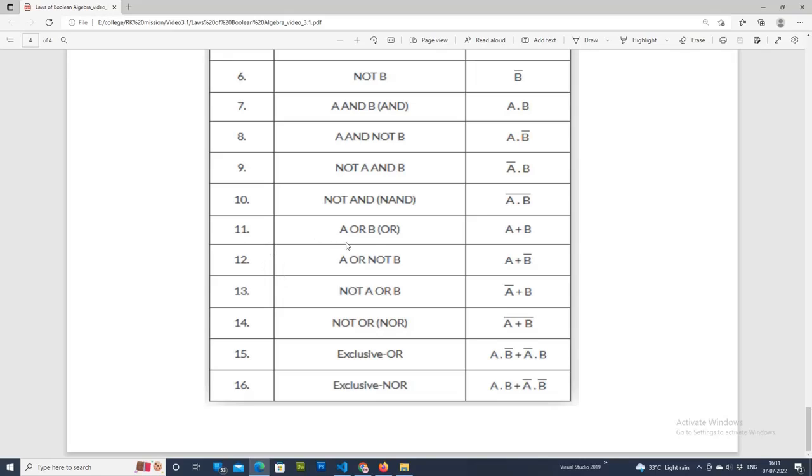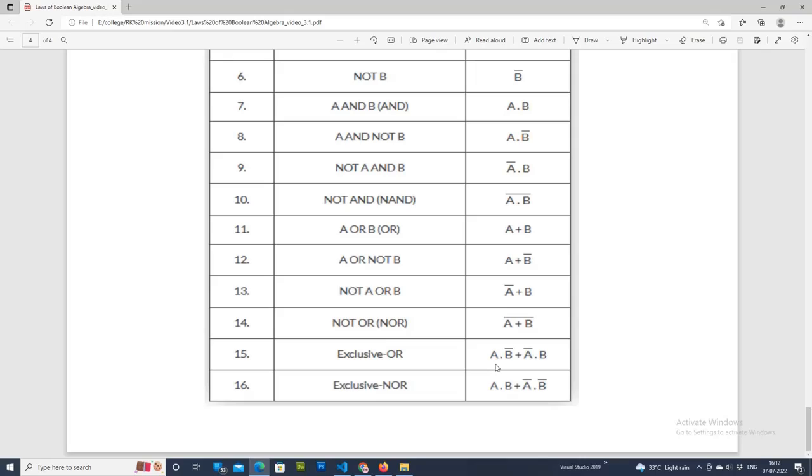Eleventh, A or B. A or B means A plus B. Twelfth, A or not B. Or means plus, and not means B bar. Thirteenth, not A or B. Not A means A bar plus B. Not or not. Exclusive OR we call XOR, or exclusive NOR. What is exclusive NOR?